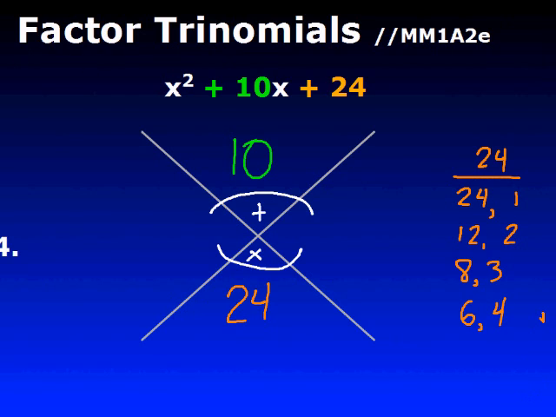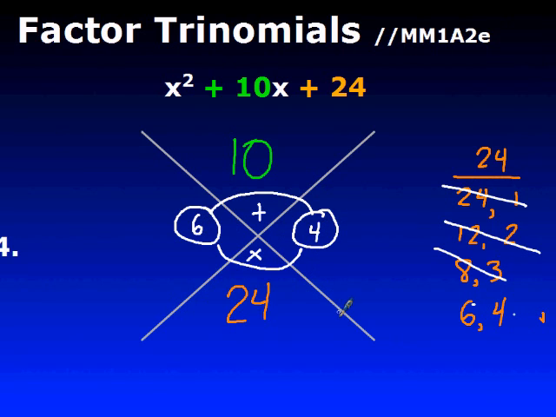Before I write any numbers down here and here, let's look for a pair that add to be 10. 24 and 1? No. 12 and 2? No. 8 and 3? No. 6 and 4. There's my magic pair. 6 and 4.